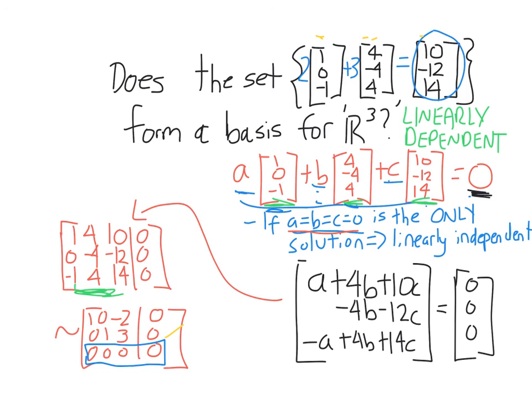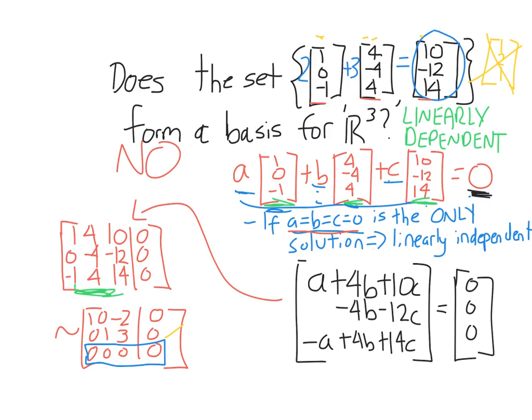Because this set is linearly dependent, does this set form a basis? No. That means that there will be some vectors in R3 that you cannot write as linear combinations of these 3 vectors. For example, the vector 1, 2, 1 cannot be written as a linear combination of these 3 vectors.